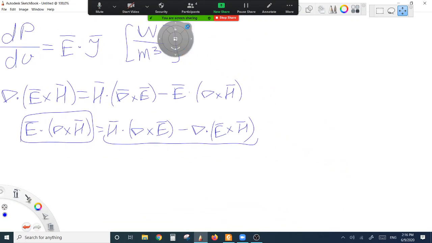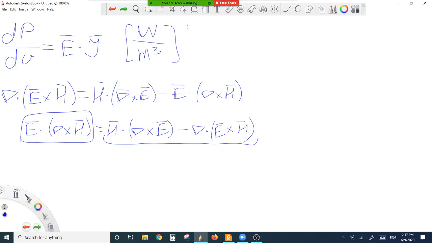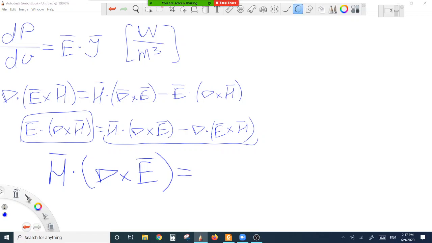From Faraday's law, we can say that H dot curl of E is equal to minus H dot dB over dt.